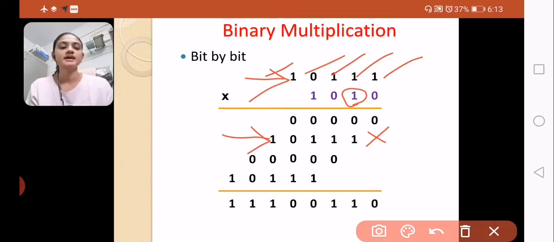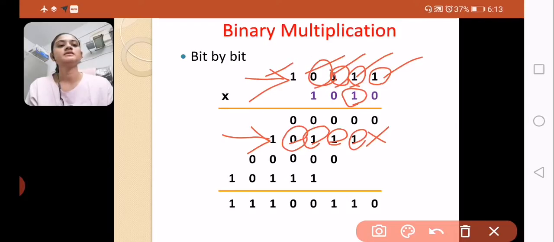Every time you make multiplication of one bit, you have to put one space. So after that you have to start writing this one is here, this one is here, this 0 is here, and this one is here. Okay.